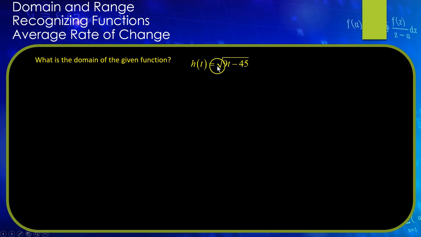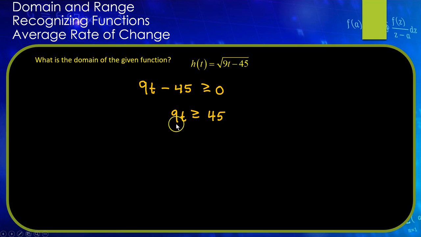So basically, for this function to exist, this value 9t minus 45 has to be 0 or more, because I can take the square root of any number that's 0 or more. I just can't take the square root of any negative numbers. So I have to say that 9t minus 45 is greater than or equal to 0.